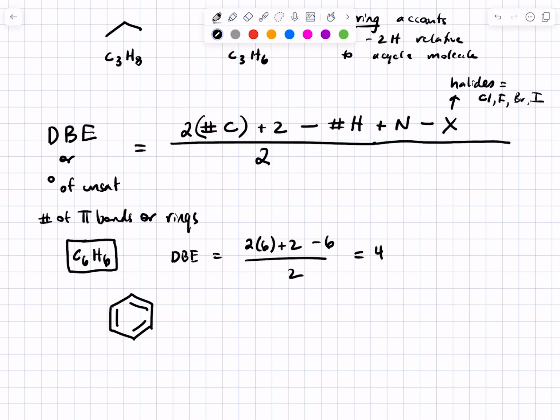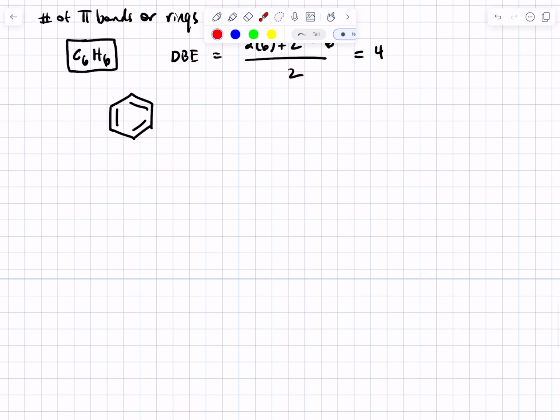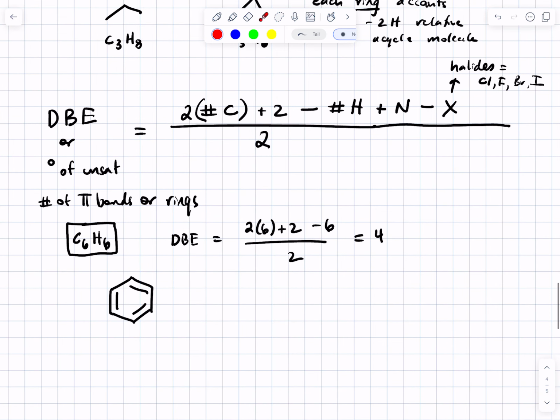But this formula will work for calculating how many pi bonds or rings a molecule has to have, and that can limit the number of structures that you can draw and make it much easier to solve problems where you're trying to figure out what various unknowns are. Let me give you one example of that. How about C5H5N?